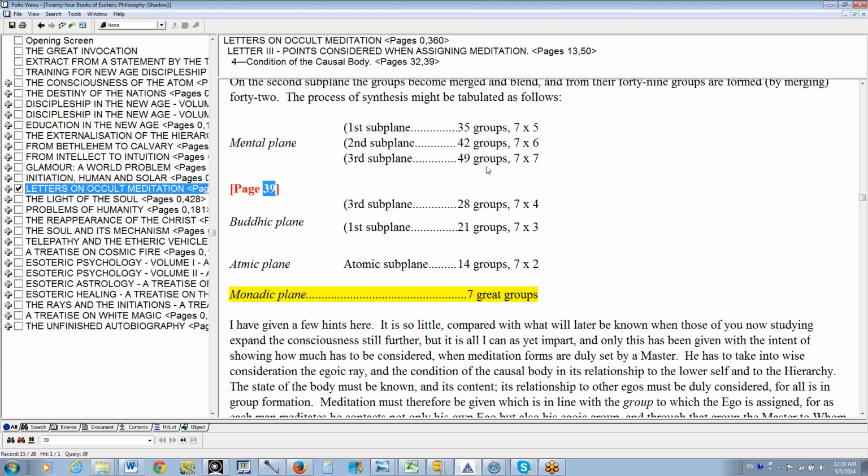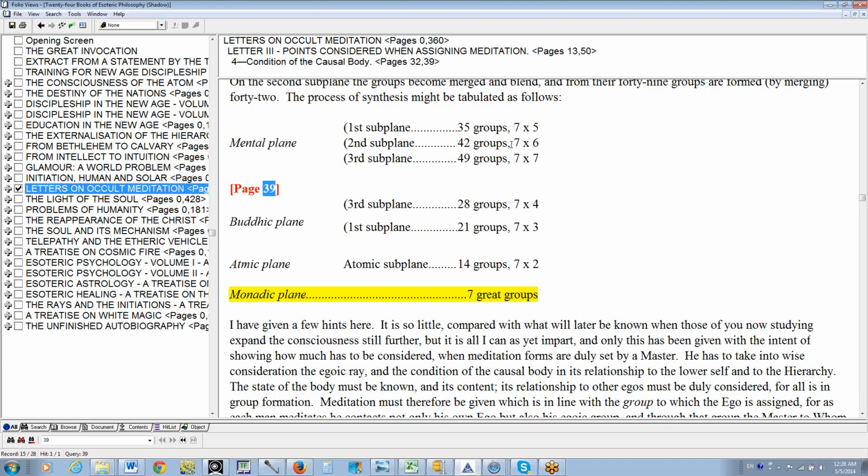By the time, the 49 and the 42 groups, so subplane 3 and subplane 2, by the time we get to subplane 1, there has been destruction, and there are groups, but the egoic lotus is not necessarily involved. I don't think it is involved. This is a type of mental group in which the projected monad finds its place after the destruction of the causal body.